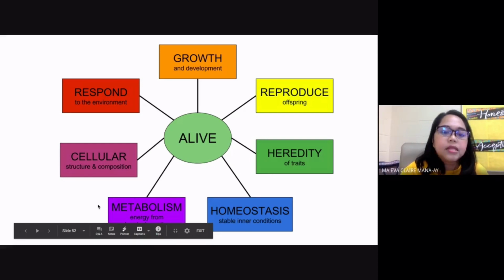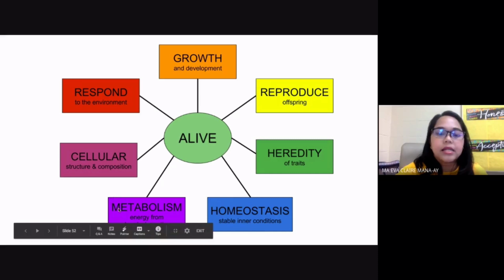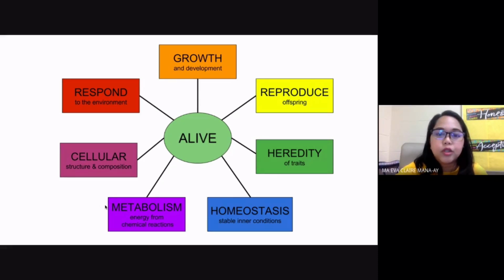Now, the third to the last that we have here is metabolism. When you say metabolism, this means that a thing needs energy. It uses energy so that it can survive, so that it can do its processes. Metabolism is made up of two types. There is anabolism, the building up processes.